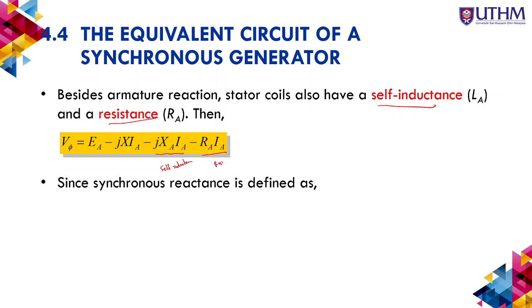Okay. Ni R ni adalah resistance lah. So ni adalah self inductance. Okay. So we can simplify, nampak ada IA. Okay. So ataupun yang ni kita boleh simplifikan kedua ni. So ni adalah armature reaction, X adalah armature reaction.